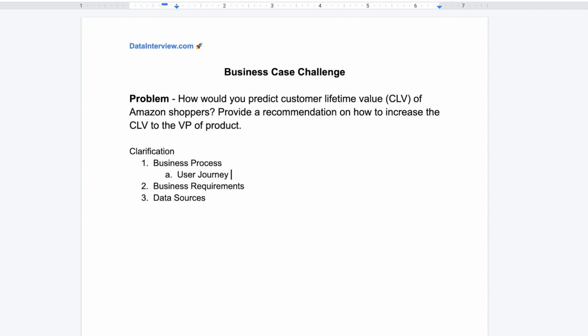So I know that the way Amazon.com works is that a user is going to visit Amazon.com and then they might browse some couple items that they're interested in, and then it's going to be shipped to them in the shipping address that they have provided. And there's also a sign-up process for stuff like Prime membership, and that will waive shipping costs. And there's also various other ways Amazon can engage customers through emails and push notifications.